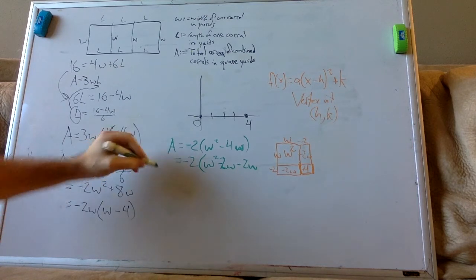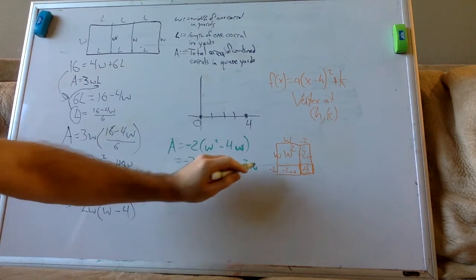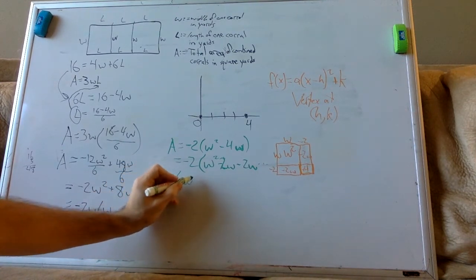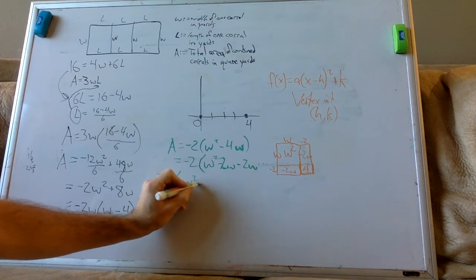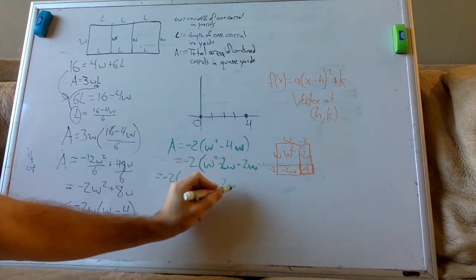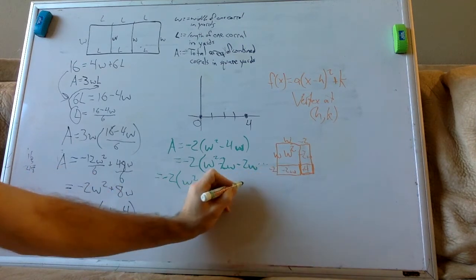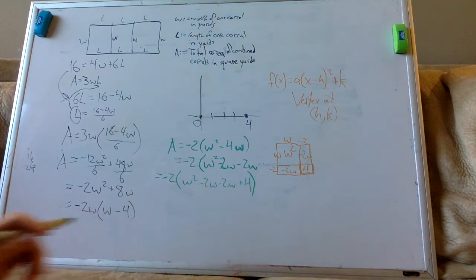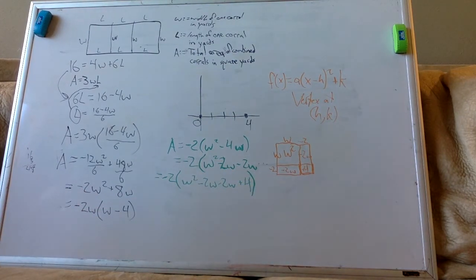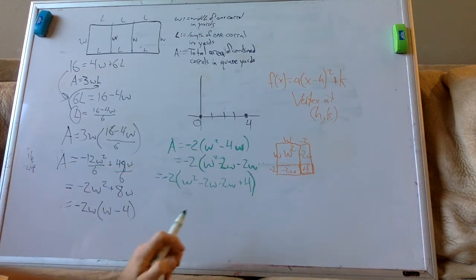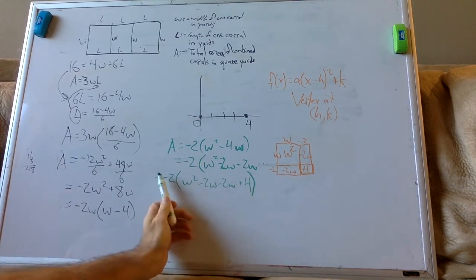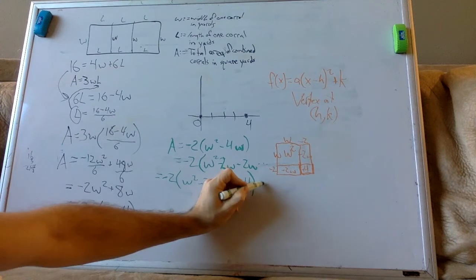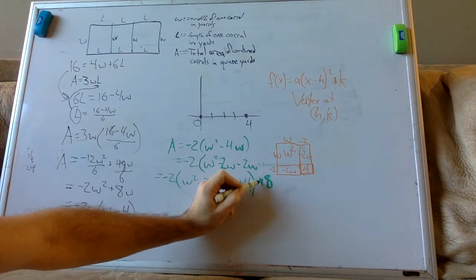I'm just going to rewrite that a little farther over so that we have space. So negative 2, and I'm going to add 4. Now the problem is I just added a value to what wasn't there before. And in fact, since this 4 is being multiplied by negative 2, I actually subtracted 8 from the whole equation. So I need to tack on another 8 to balance that out.